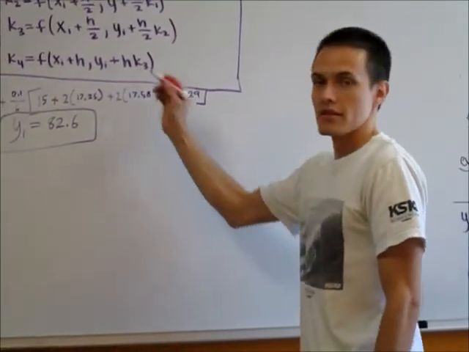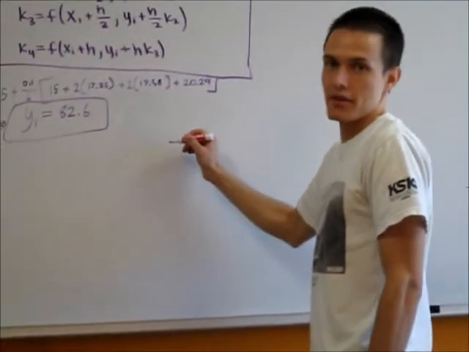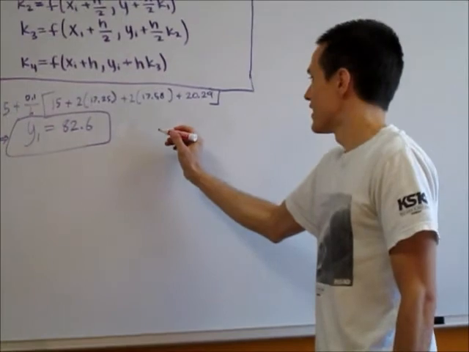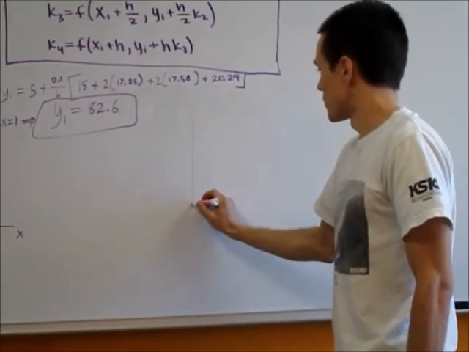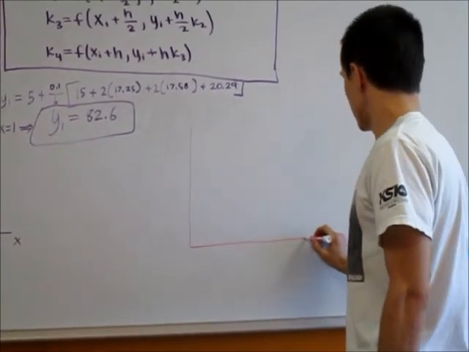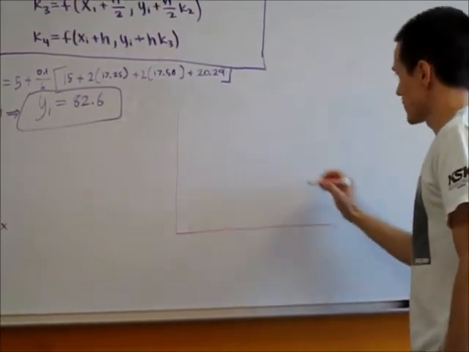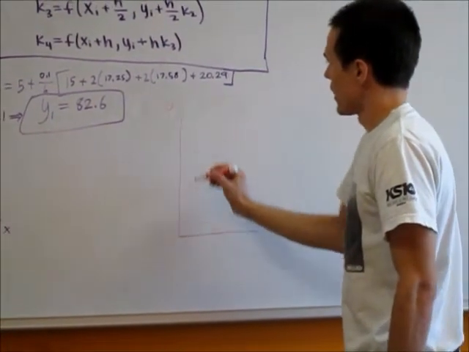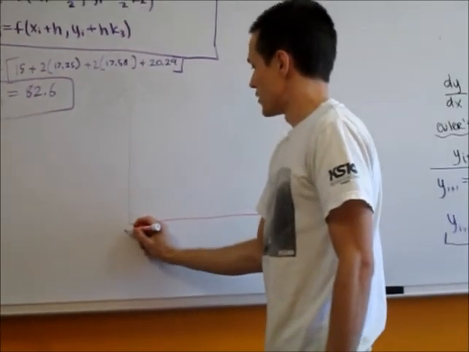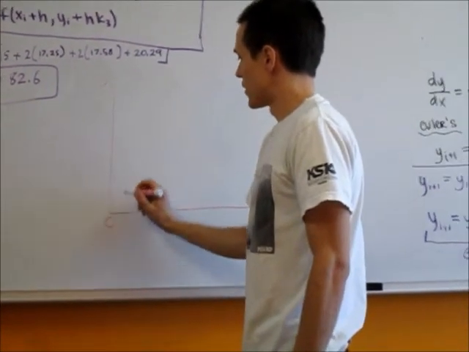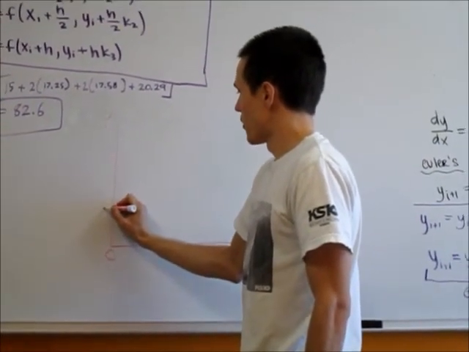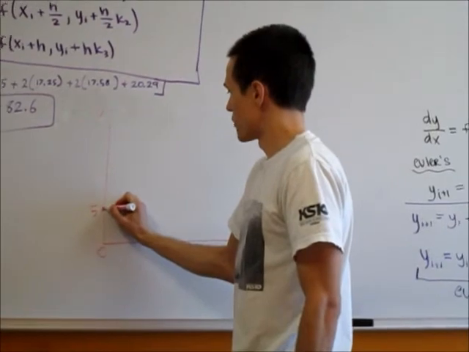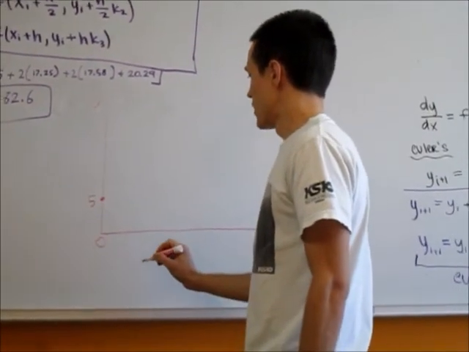Okay, graphical representation of what just happened using the Runge Kutta method. It's our x, it's our y, and we remembered that our initial value of x was 0, and our initial value of y was 5. So we had a point right there, that's our initial.